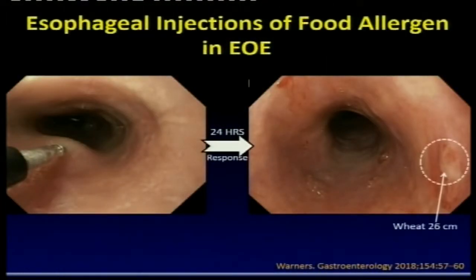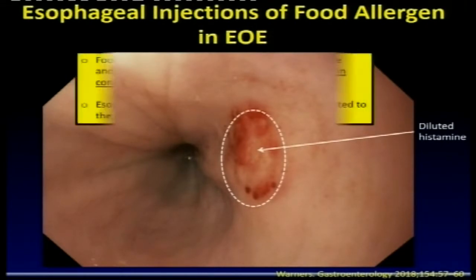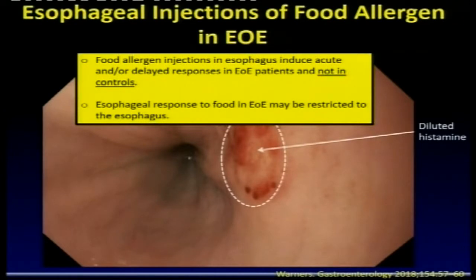The most recent finding, which is very surprising for us, is that they injected food allergen into the esophagus and observed for 24 hours, and they found that there is real inflammation compared to the placebo or control, and they found dilated histamine. So they conclude that injection into the esophagus induces an acute or delayed response in eosinophilic esophagitis, not in controls.